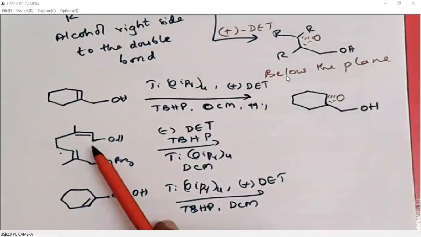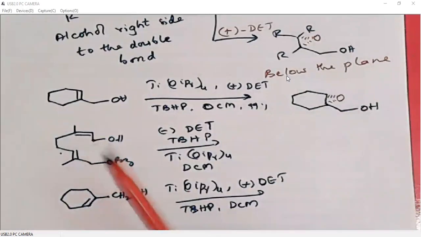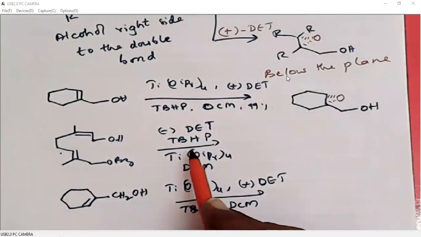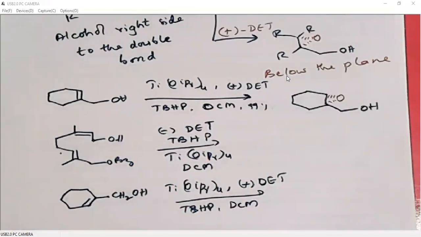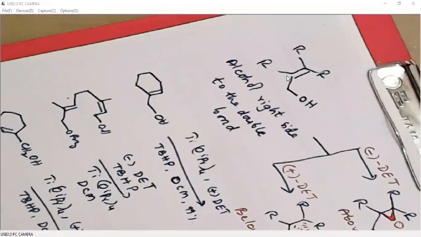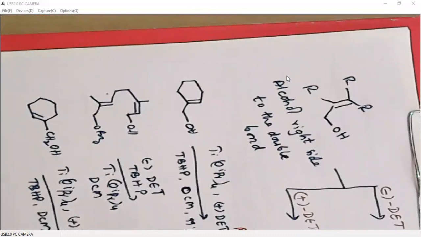Whereas here, the alkene is not vertical. Then it is difficult for us to predict whether this gives an epoxide above the plane or below the plane. For that, you just turn your page in such a way that the double bond is vertical. Just turn the page.